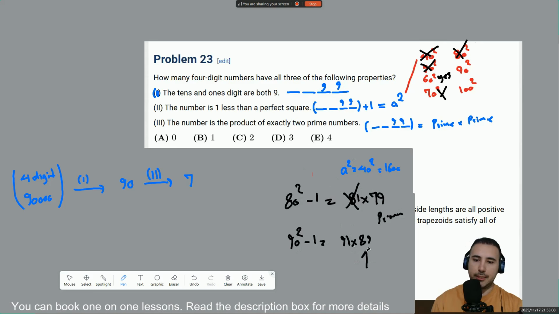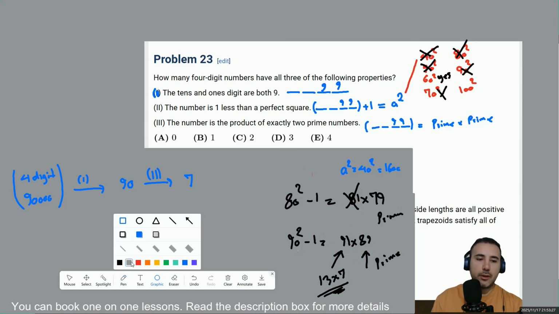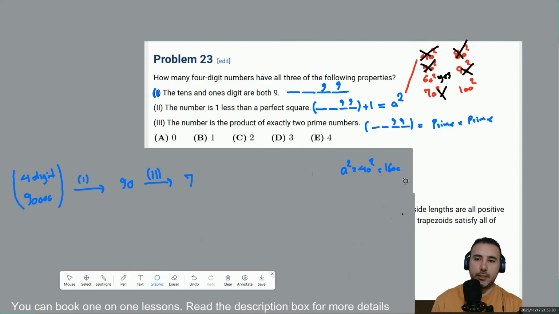Well, look, this is a prime. Yes, this is very, very tricky because this one is 13 times 7. For a moment, I forgot. I thought it was a prime. So it's 13 times 7. 91 is not prime. Okay. Look, why did I write 100 squared even though 100 squared is a 5-digit number?